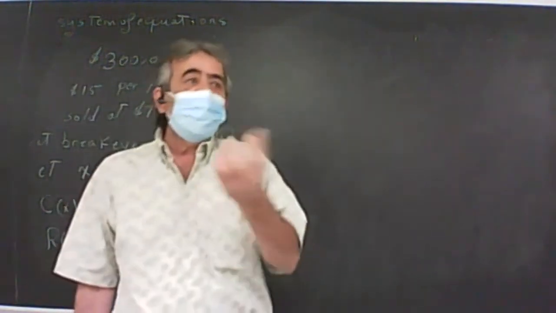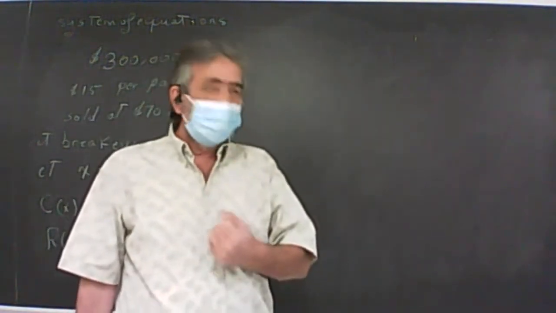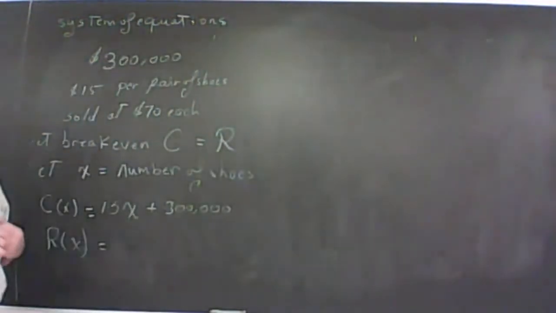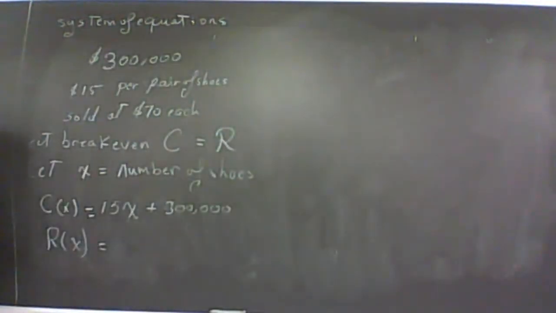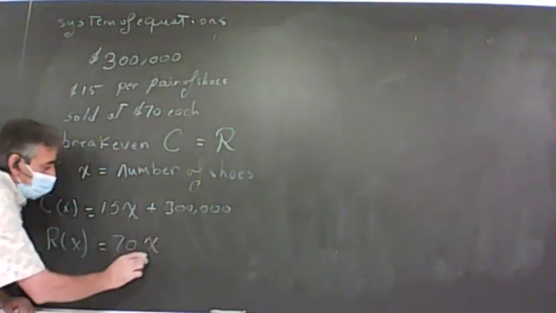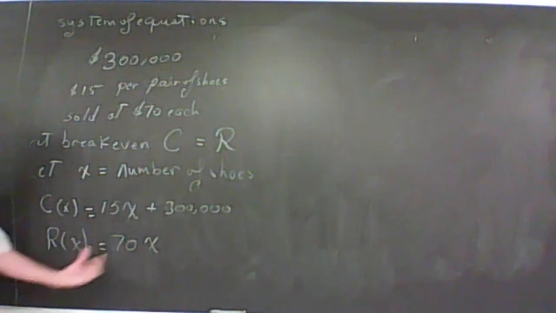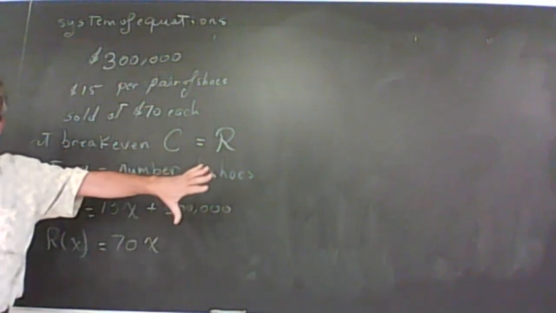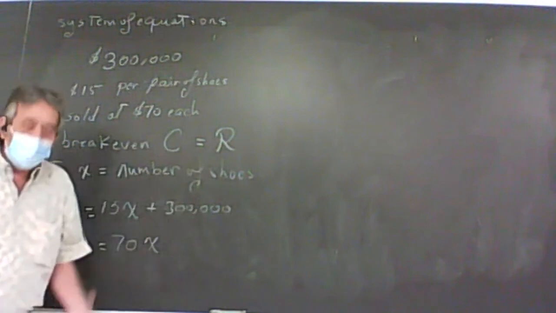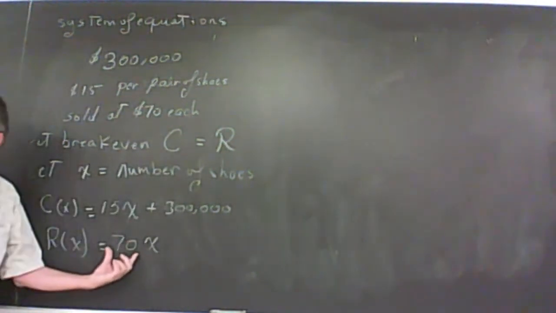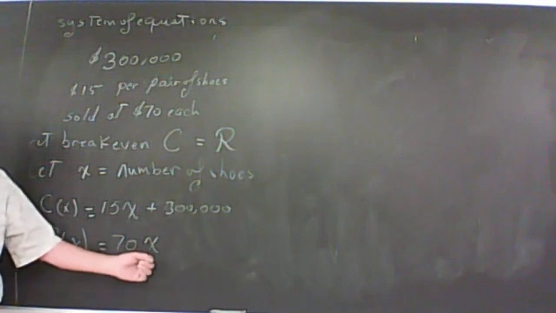Revenue is how much money you're collecting, or coming into your pocket. 70x. Why 70x? Because now your costs are gone, right? Now you're starting to sell it. How much money is coming into your pocket? $70 for every shoe you sell, right?